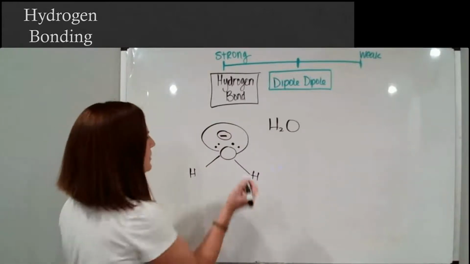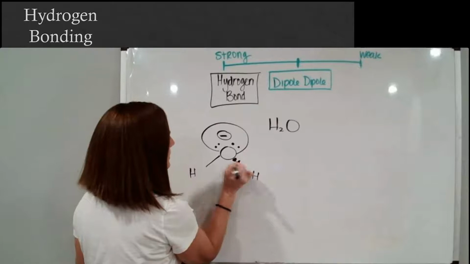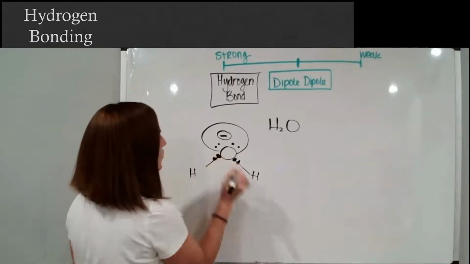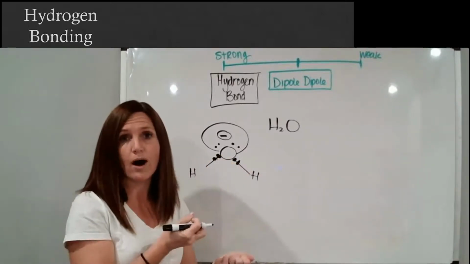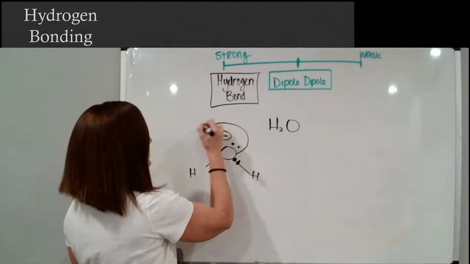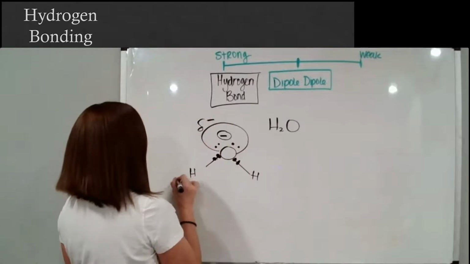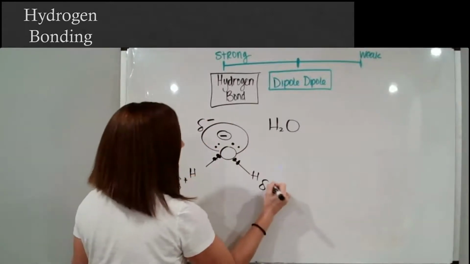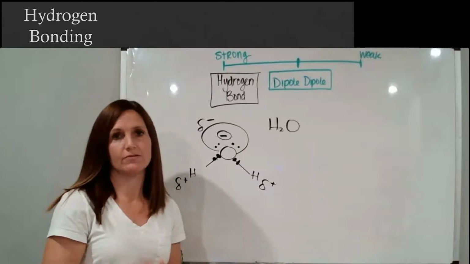And on top of that, oxygen is a really electronegative atom, and so it's winning in that tug of war, it's winning the electrons over to itself. So this area over here is partially negative, and each of our hydrogens then gets a partial positive charge on it.